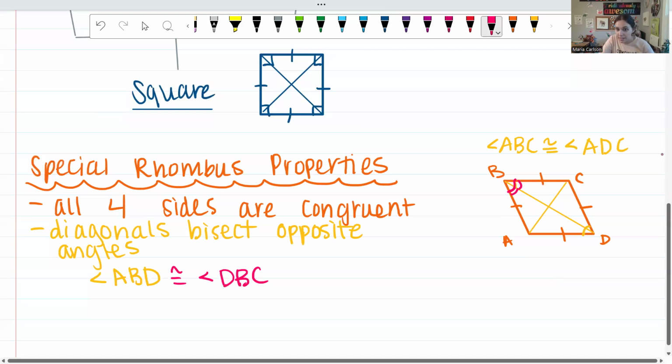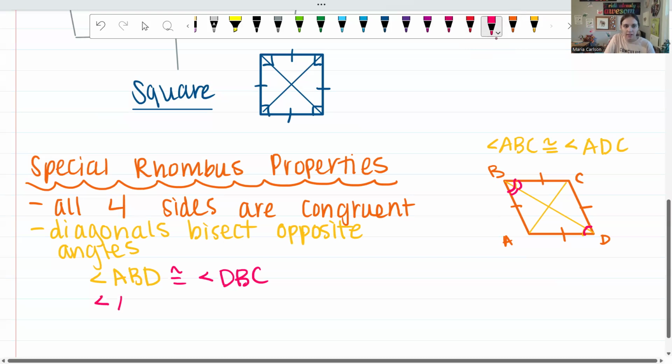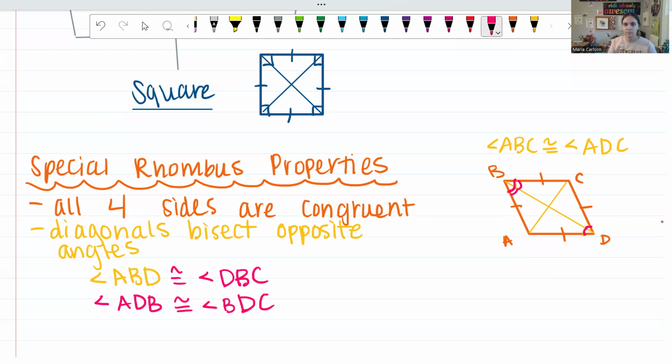On the other side, ADB is congruent to BDC. So I could say, my colors got a little bit funky here, but that's okay. Angle ADB, half of angle D, is congruent to the other half, angle BDC.